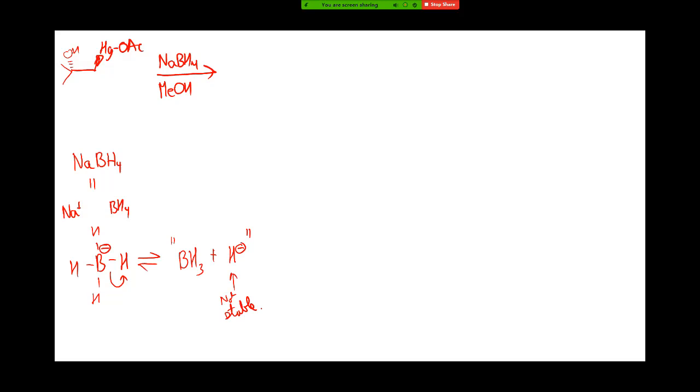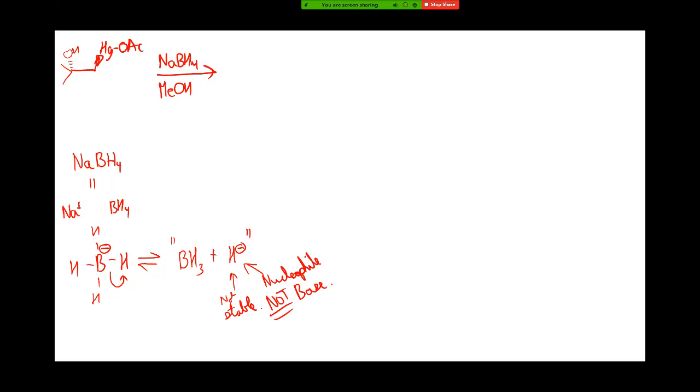Now, H minus, when it's covalently bound to something, and we're going to see a few other examples of this, but here it's covalently bound to the boron, acts as a nucleophile. Not a base.